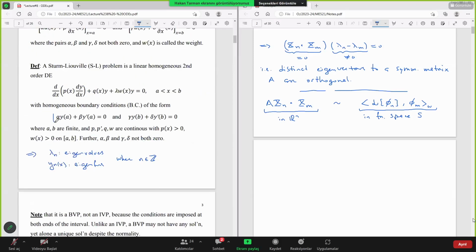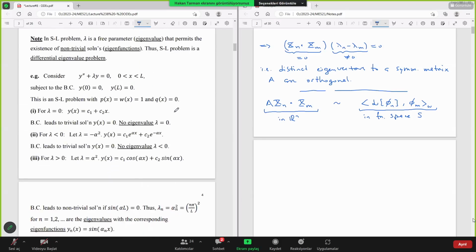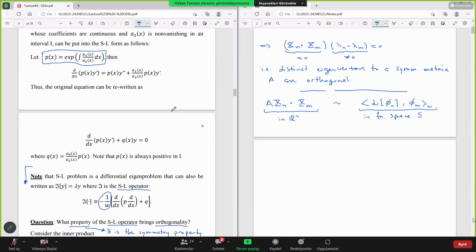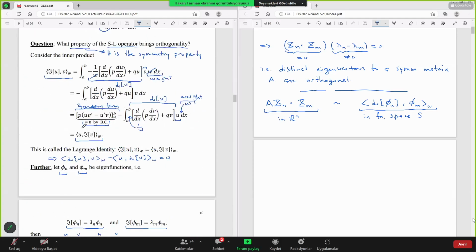Let's call this star, on page 2. By star on page 2, we can show these boundary terms become zero, because I'm assuming U and V satisfy the boundary conditions, okay?